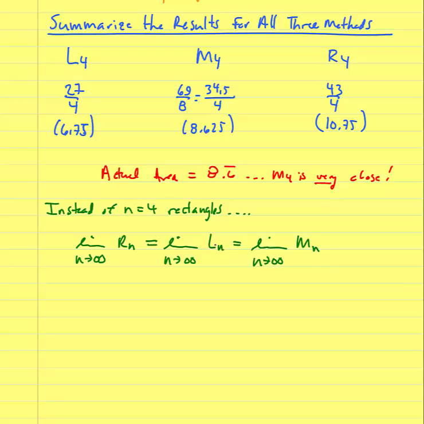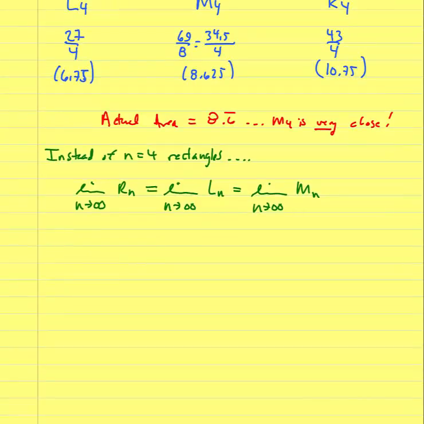So right, left, and midpoint. And if I did this problem and I took these limits with n rectangles, I would get the actual area of 8.6 repeating. So those are the kind of things I want to start developing here.